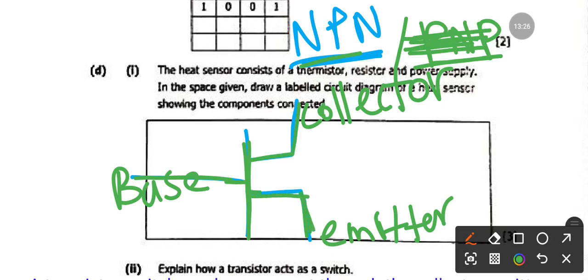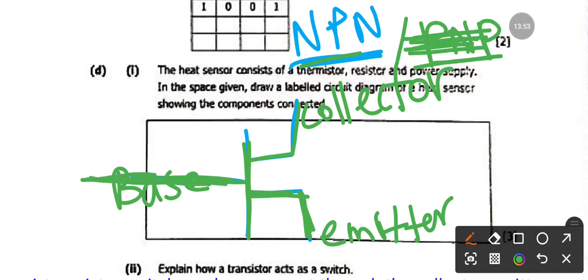Okay, so we've established that the transistor acts as a switch by switching on or off a large current flowing through the collector to the emitter. How does it do it? So it does this using this mechanism. So we have this part here called the base.